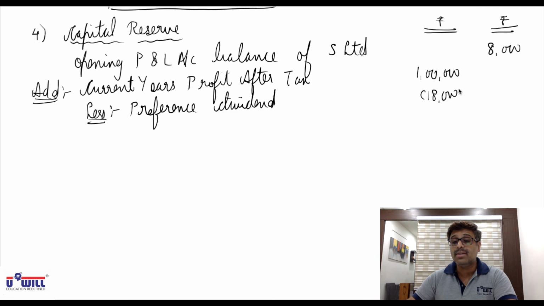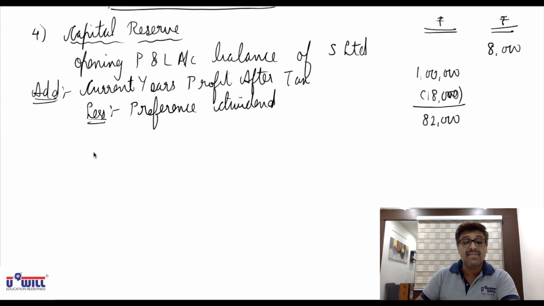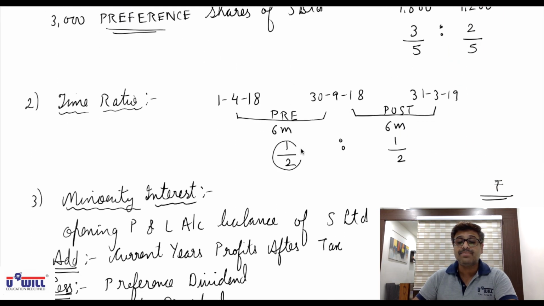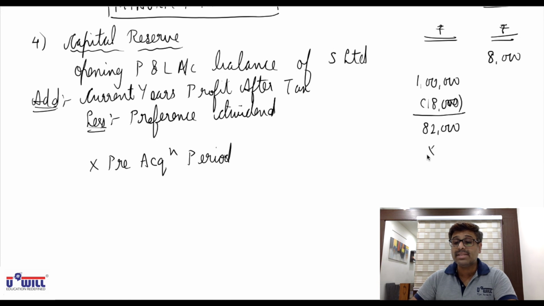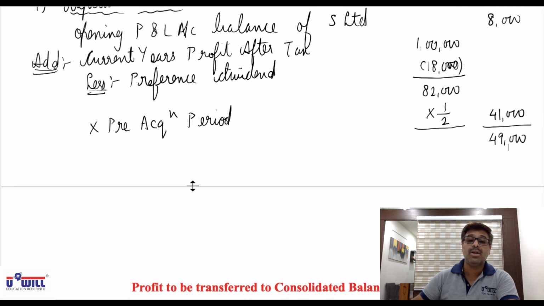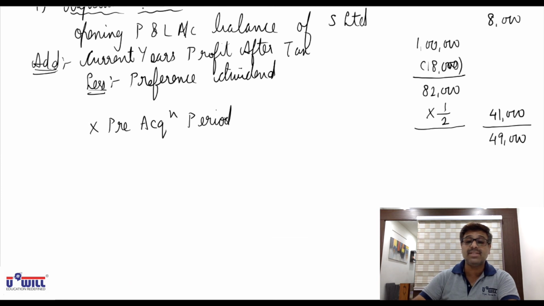You all can refer to the workings I made you write in the first lecture. 1 lakh minus 18,000, you can say 82,000 are the profits available for equity shareholders, that we multiply with pre-acquisition period. In the time ratio, what is the pre-acquisition period? Half. 82,000 is half. 41,000 are capital profits available for equity shareholders. 8,000 plus 41,000, 49,000 are the total profits available for equity shareholders, which are capital profits in nature.